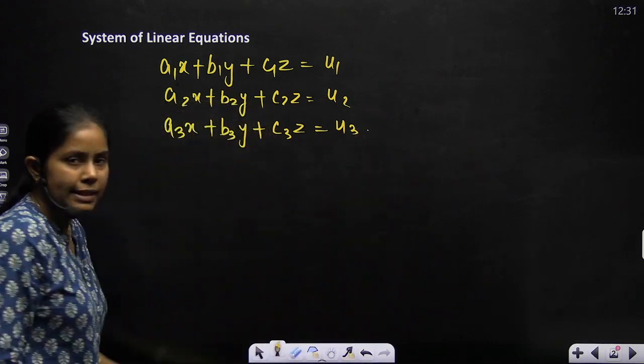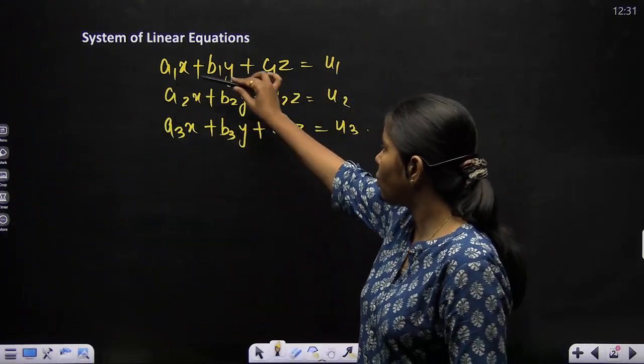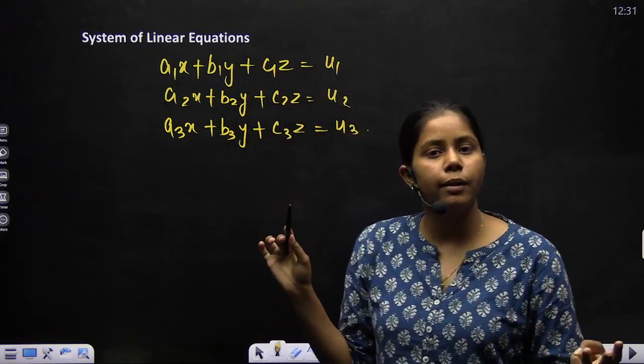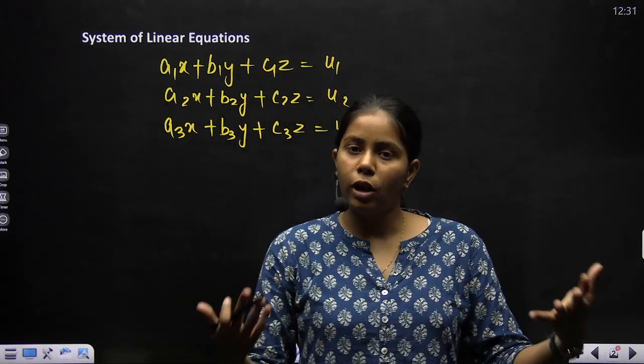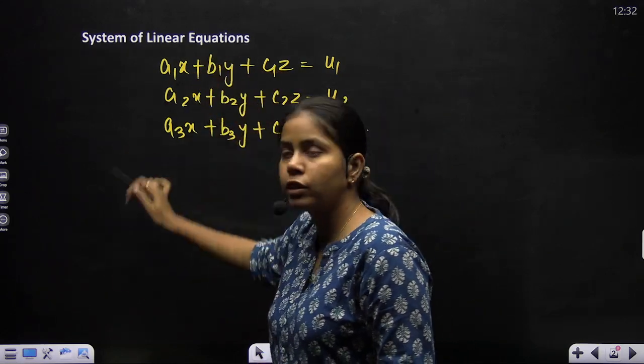This is a system of linear equations. All the variables x, y, z, we have 3 variables in this system, and all variables have power 1. That's why it is linear, and we have 3 equations here.